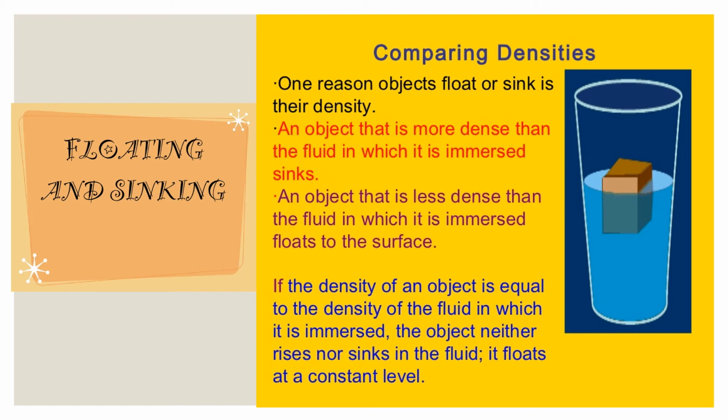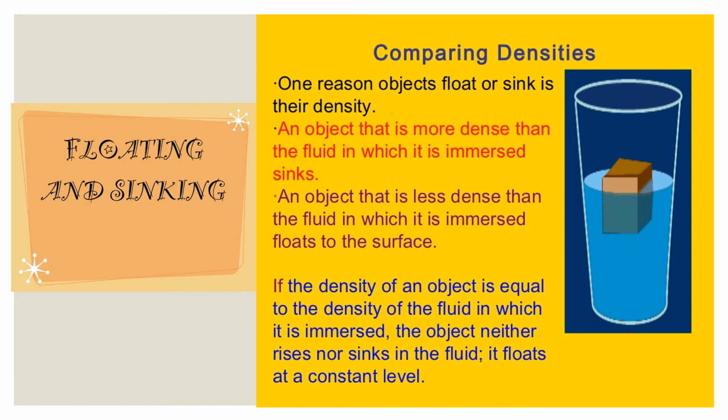If an object is more dense than water, it will sink, but if the object is less dense than the liquid or water, it will float on the water. So you can say density decides whether the material will float or sink. Read the last point carefully, and I hope you will be clear about density.